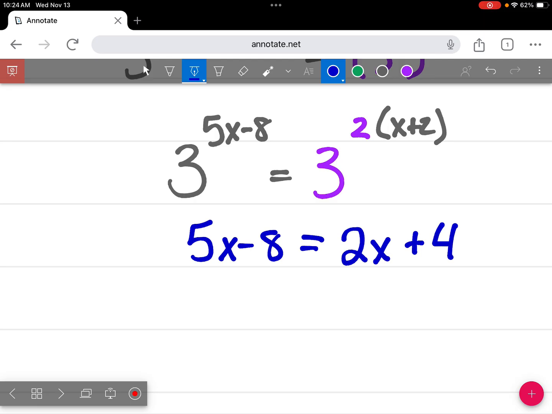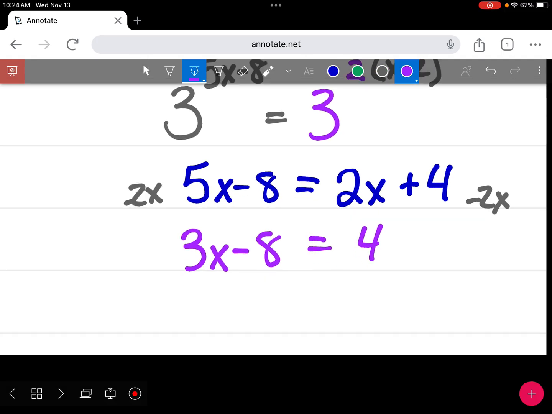So we get our bases to be the same, and then we wind up with significantly easier problems. Because what do I do here to solve this? Minus 2x, and add 8. So we can subtract 2x from both sides to get 3x minus 8 equals 4.